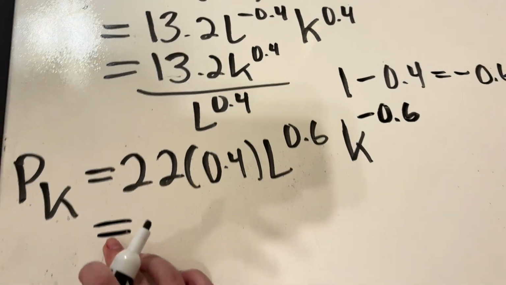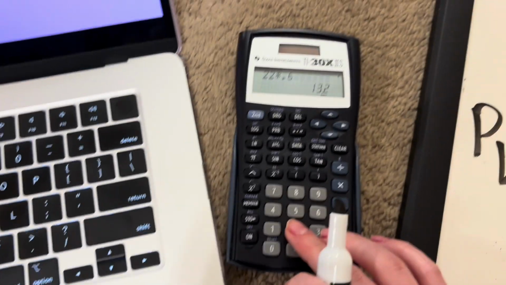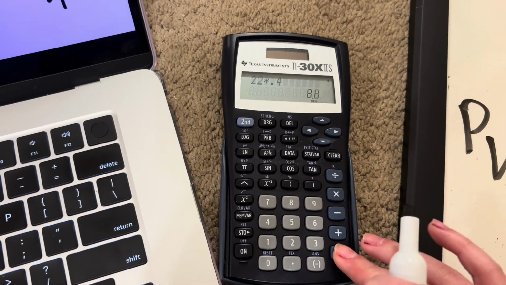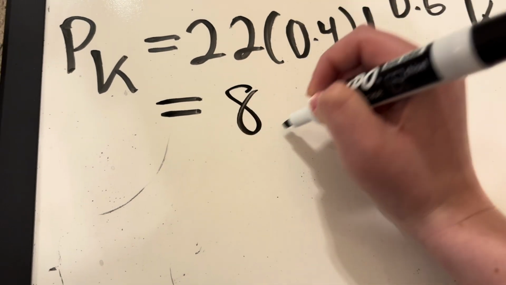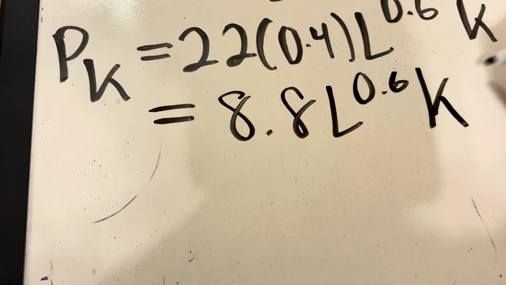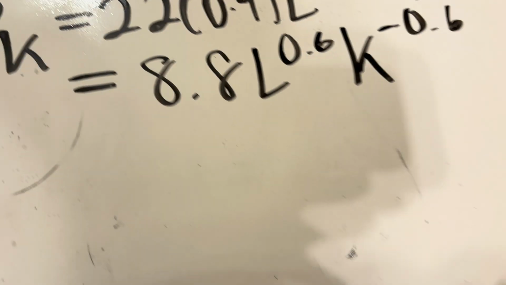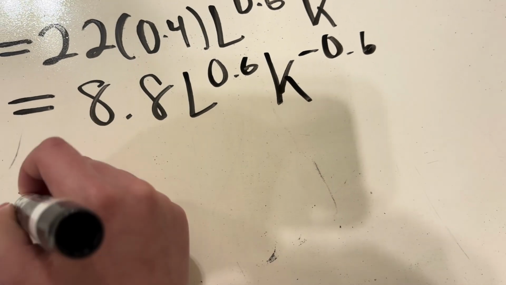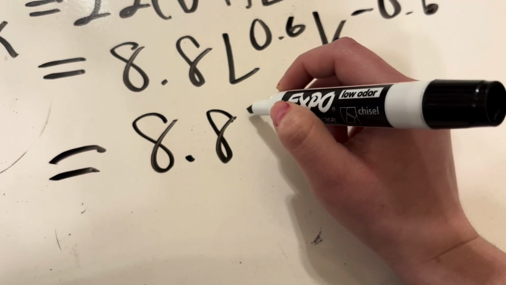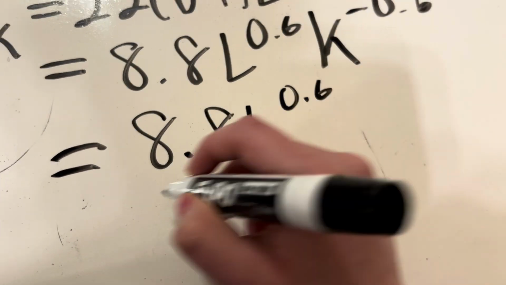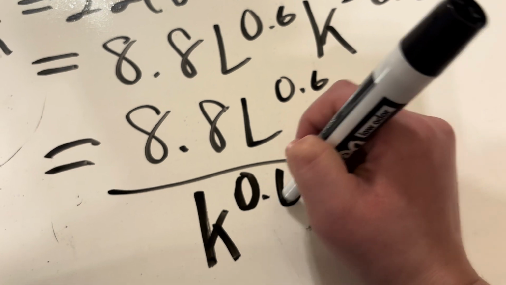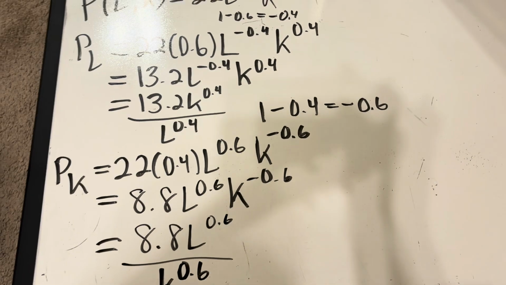We will multiply this out, so it will leave us with 22 times 0.4, that gives us 8.8 L to the 0.6 k to the negative 0.6. And again, to get rid of the negative exponent, we're going to move that down to the bottom. So we will be left with 8.8 L to the power of 0.6 over k to the power of 0.6. And that is the equation overall.